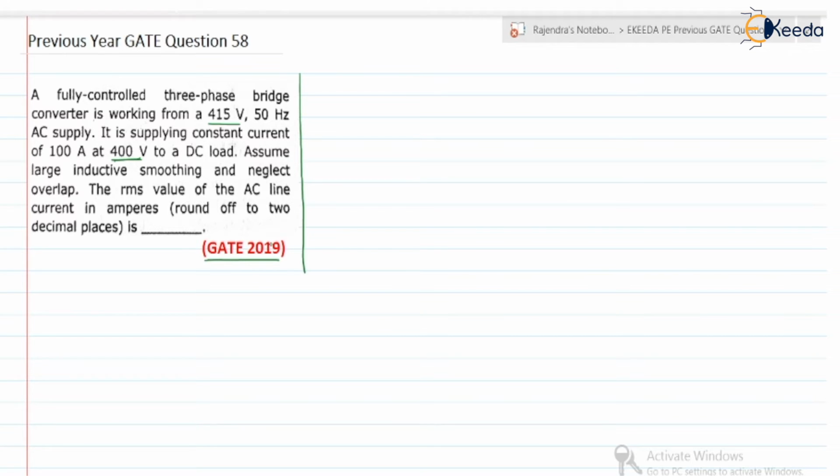So RMS value of AC line current means what? It is the supply current, right? RMS value of the supply current they have asked. So now if you recall the operation of three phase 6 pulse SCR, that is a fully controlled three phase bridge rectifier, I0 we are having constant, so here I0 is a constant current.